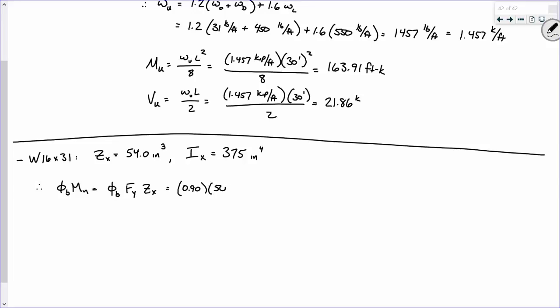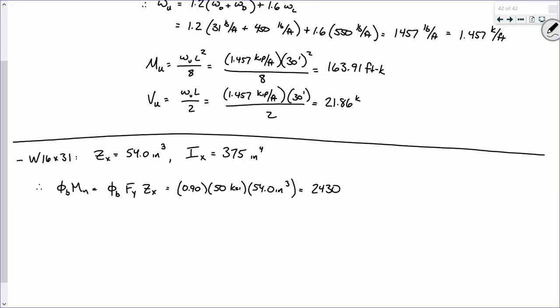All right, 50 ksi and 54.0 cubic inches. So what does that come out to be? Just so everybody's aware. Say it again. Do I have a second on that?